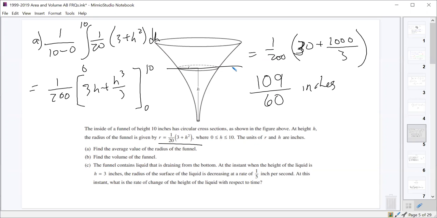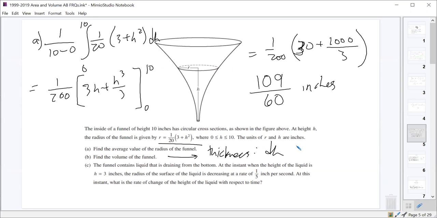Well, we sliced it horizontally, right, to get circular cross sections. The thickness would be dy normally, but what is our y-axis defined as? H. So we'll say that the thickness will be dh.